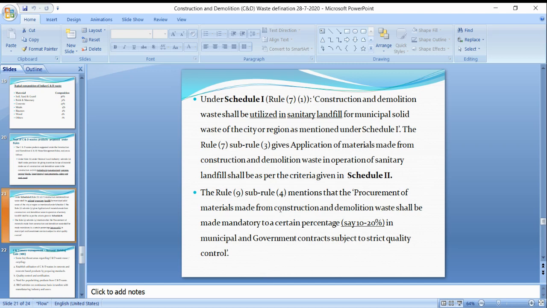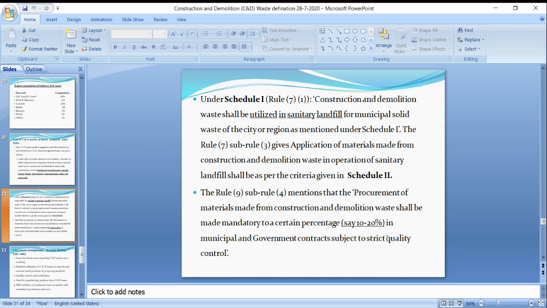So Rule 9, sub rule 4 mentions procurement; these are some rules which are to be followed by the construction and demolition department. Procurement of materials made from construction and demolition waste shall be made mandatory to a certain percentage.